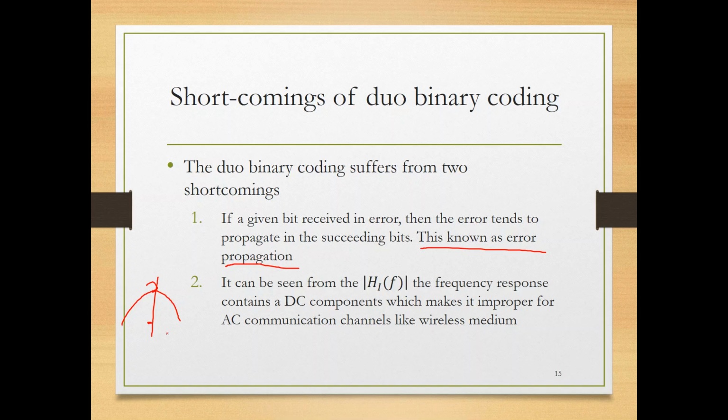We all know that frequency equal to 0 means DC, not AC. There is no oscillation. If there is no oscillation, you cannot send this over an AC channel. This is bad, so it limits the application of your scheme. So these are the two shortcomings of this scheme.